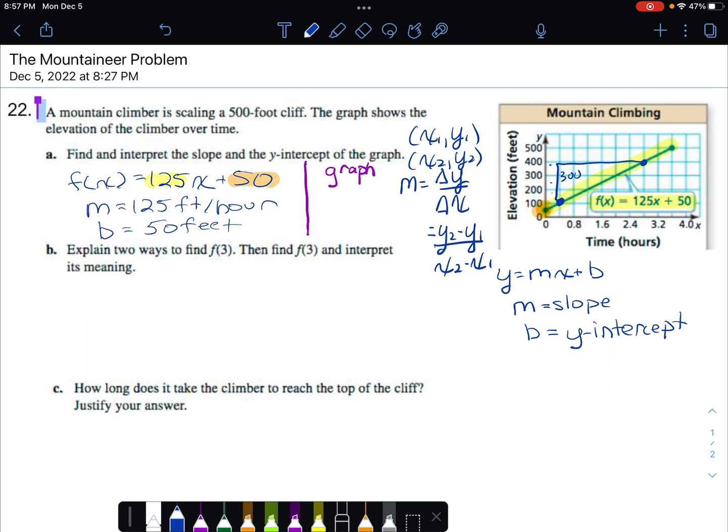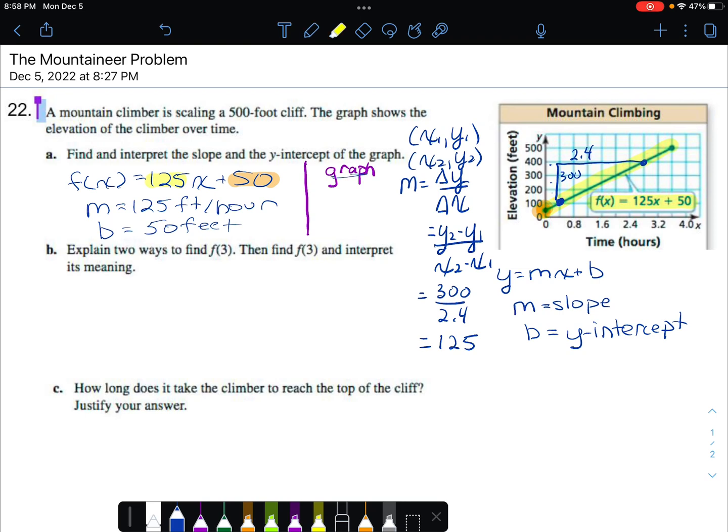The change in x would be, let's see, 1, 2, 3, 4, 5, 6 times 0.4, which is 2.4. So my slope, if I was to calculate it out, would be equal to 300 over 2.4, which is actually equal to 125.